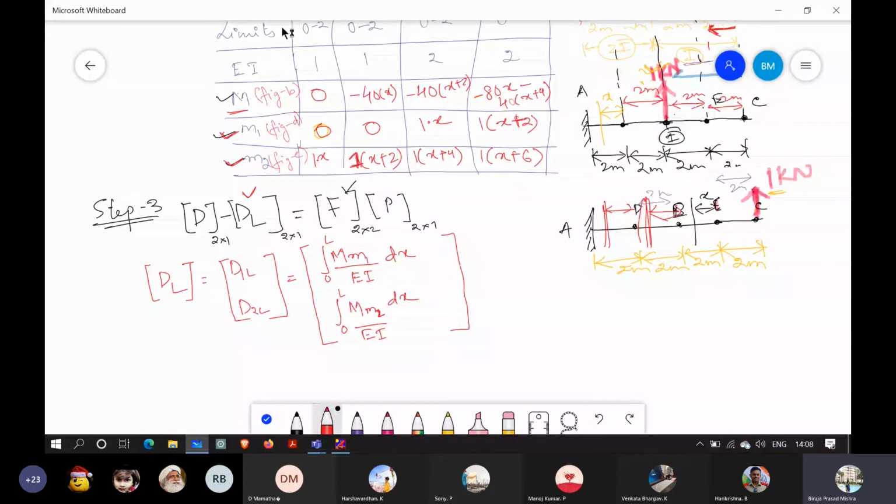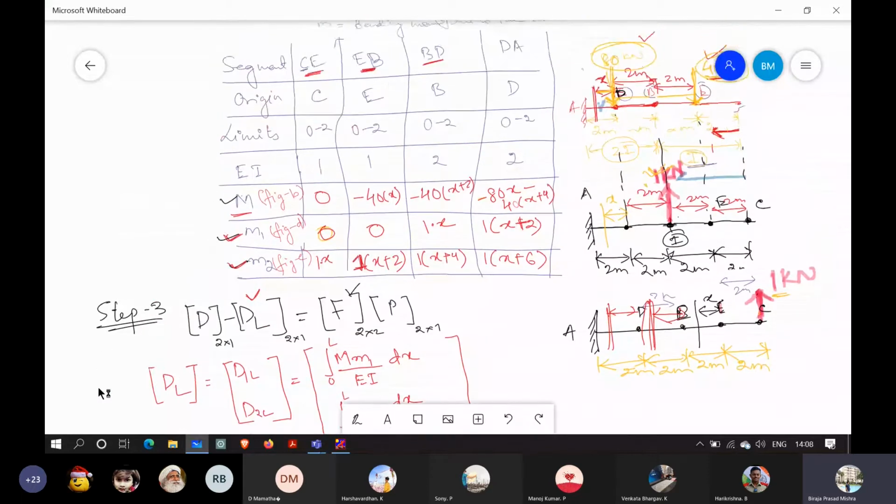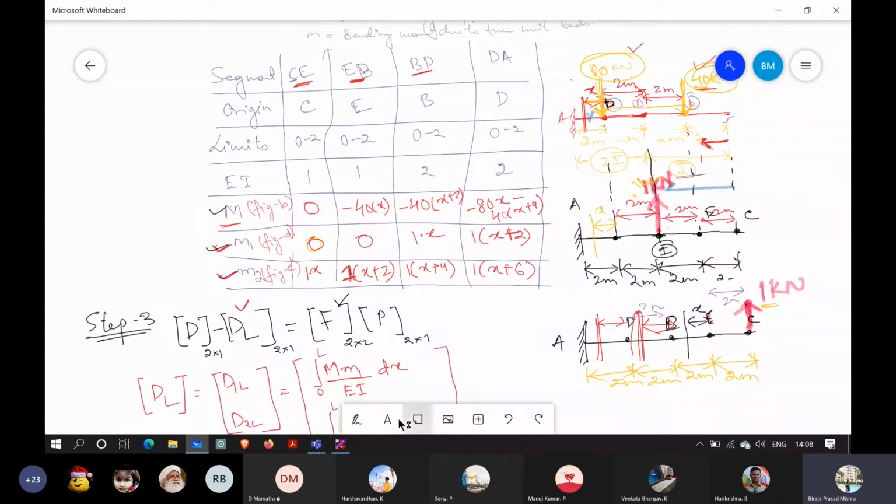So this is the table which we have done, and for every segment we have to determine this value.